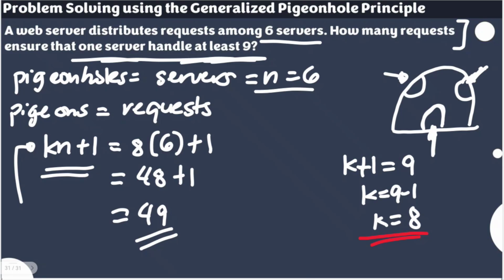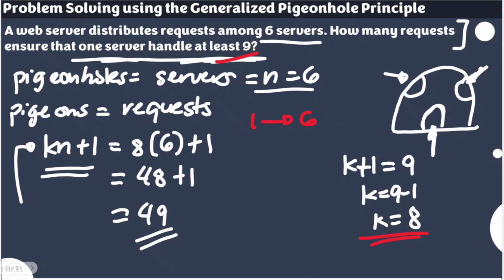Let's say, again, the web server is being fair and assigning 1 for each server without doubling the other, and without leaving one server empty. So say for example, the first 6 assignments go to each of the 6 servers. So we have not yet reached at least 9.